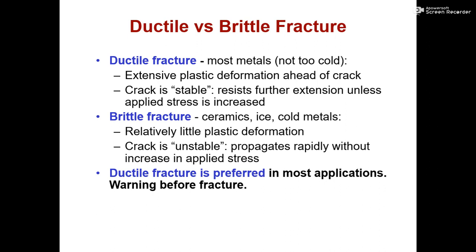Normally, if any crack occurs in any machine element or structural element, the crack will stay in that place unless some external force is applied or stress levels are increased. Then only the crack will propagate. If the crack propagation is very slow, depending on the plastic deformation, then we call this a ductile fracture.